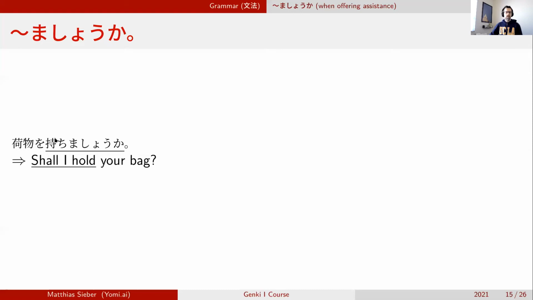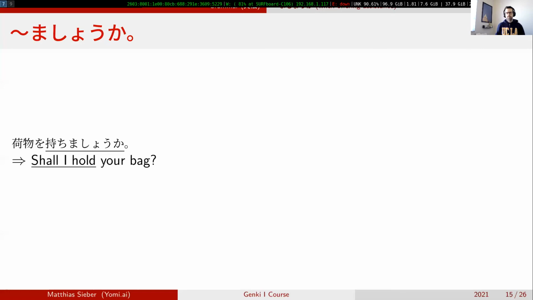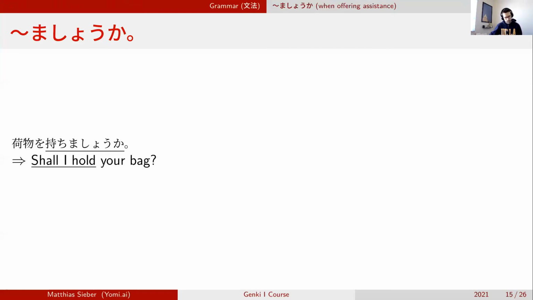Nimotsu, and then this kanji here, its kunyomi reading is just mo. So mochimashouka. 持ちましょうか. So it would be すみません、お願いします。 Yep. すみません、お願いします。 Very good.